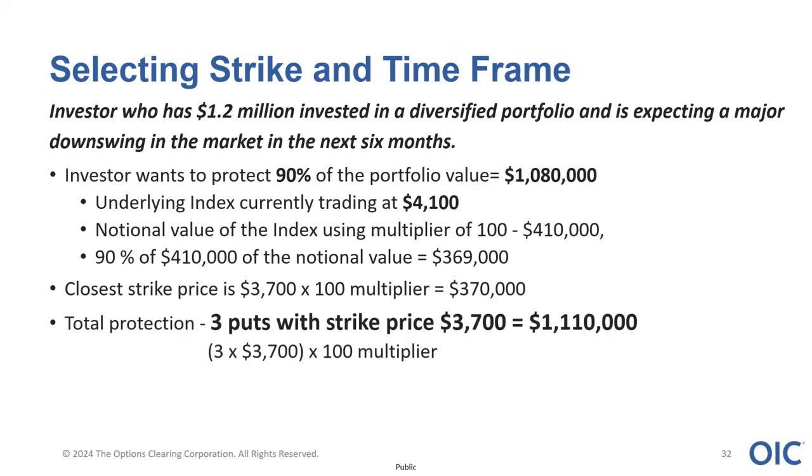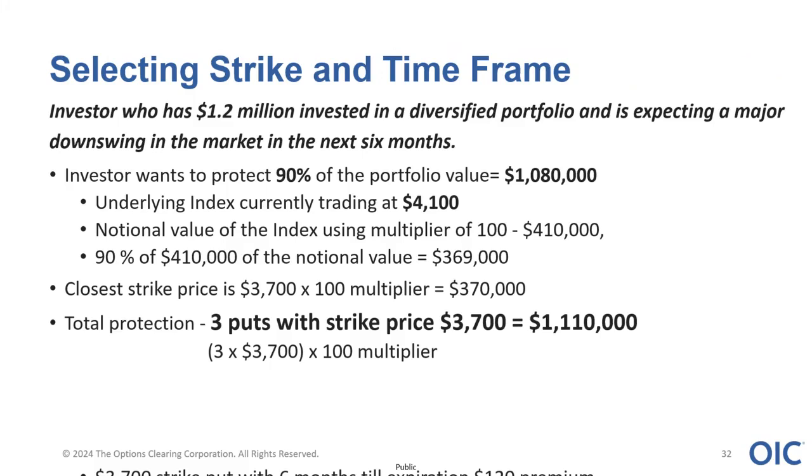And if you wanted to protect all of or almost all of that, you could buy 3 of those puts, 3 of the 3,700 puts, times that 100 multiplier is going to get you 1.11 million of coverage if things went to zero.